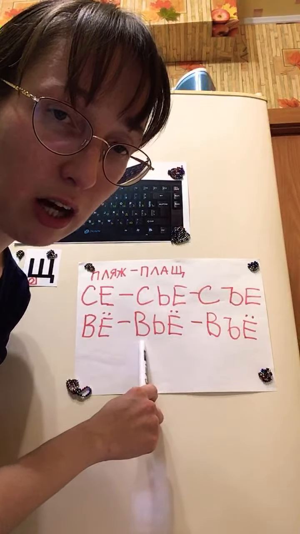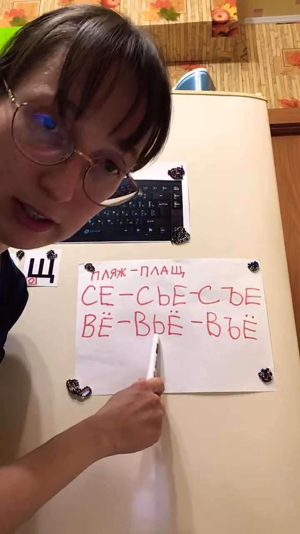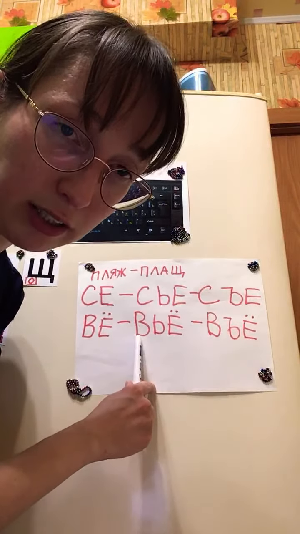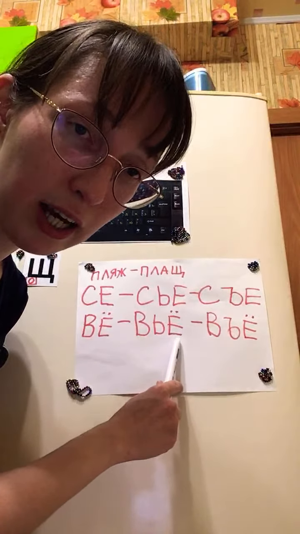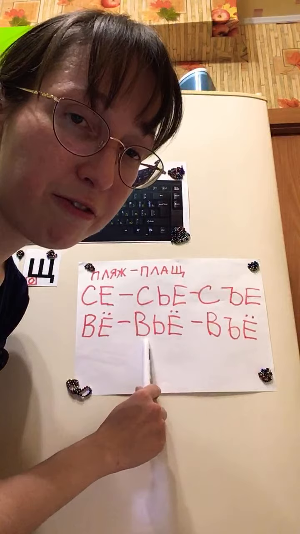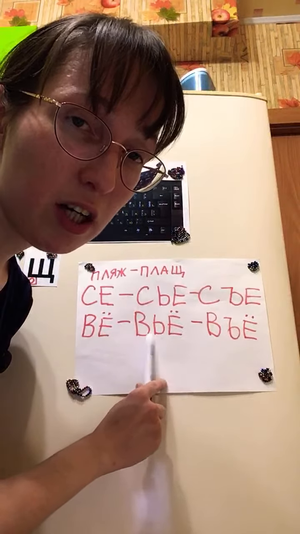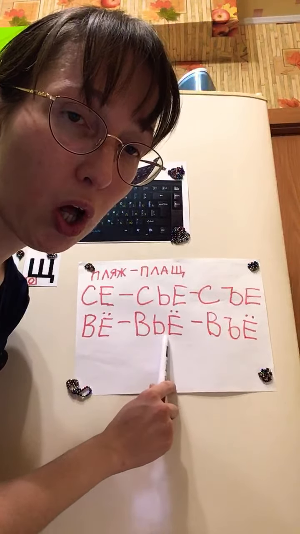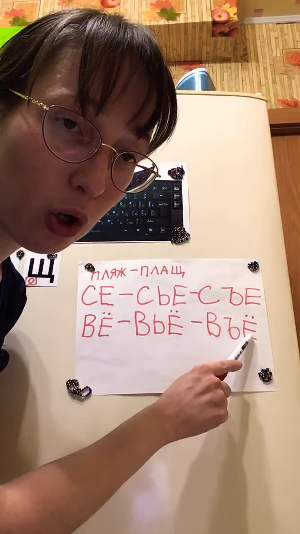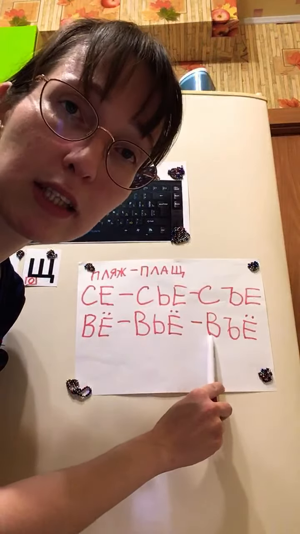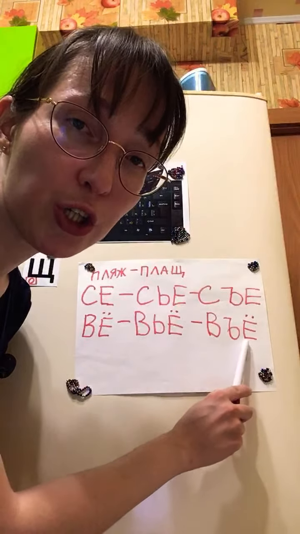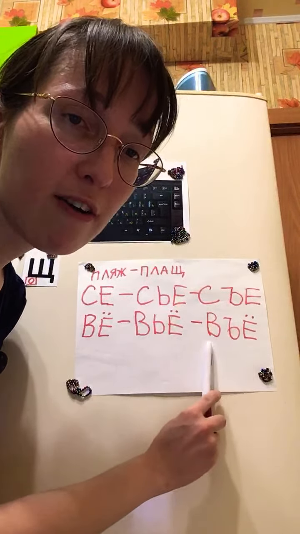We pronounce it soft because this is a soft sign, so this consonant is soft, and this vowel is pronounced like in the alphabet. V, yo, vyo. Here, yo is pronounced like in the alphabet again, but v becomes hard. Vyo, vyo, vyo.